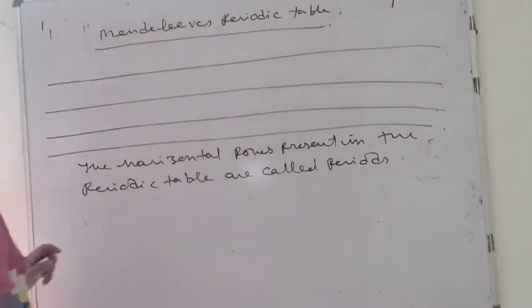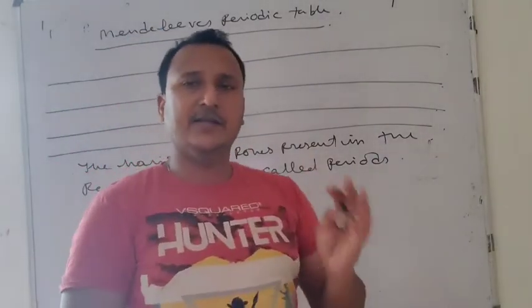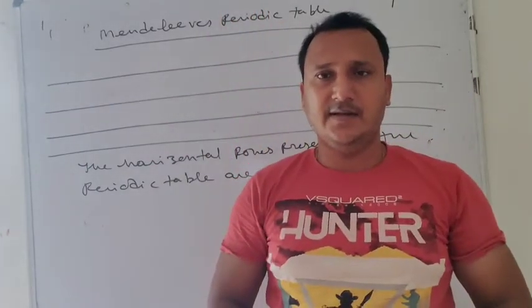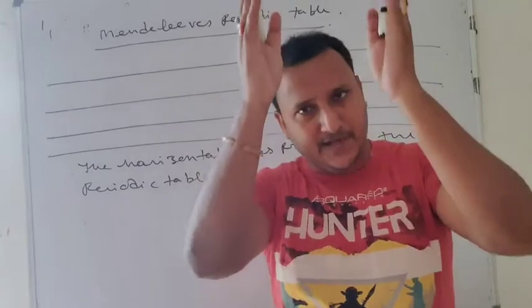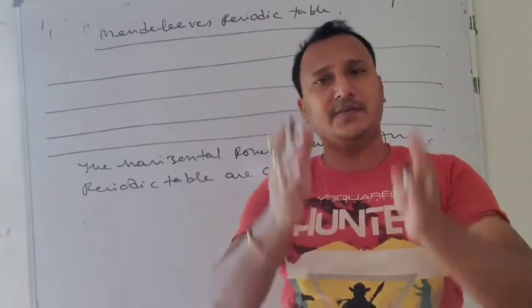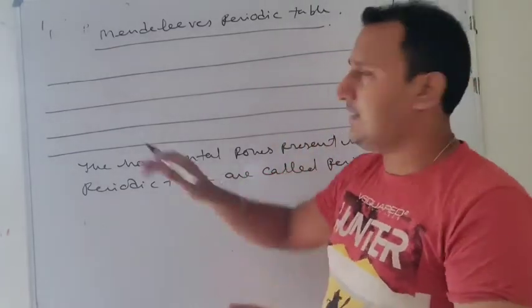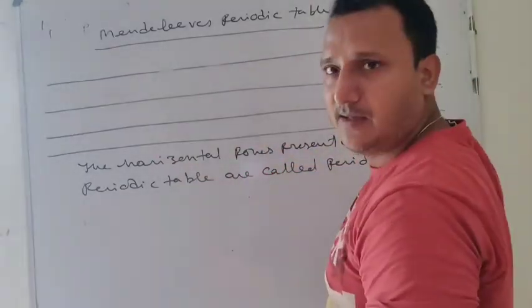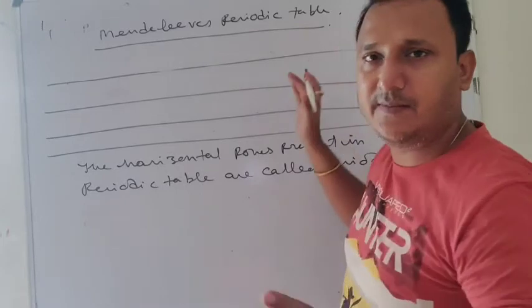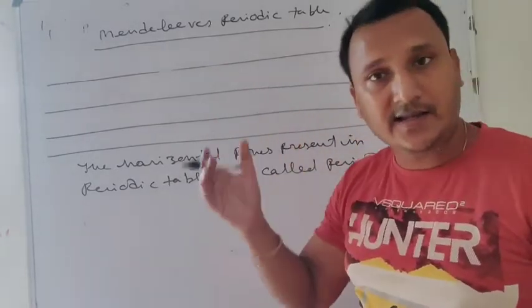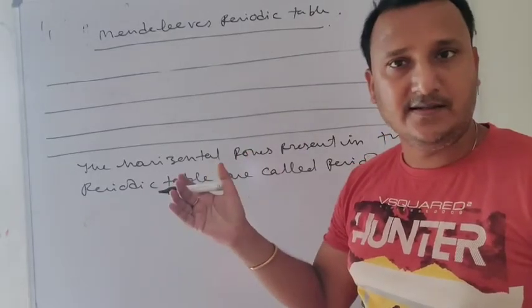Again, he has divided the elements in some vertical columns. The elements which are present in a particular vertical column have some similarities in their properties. Similarly, the elements present in a particular period, say for example, if 8 elements are present in a particular period, then their properties are either identical or show gradual change.